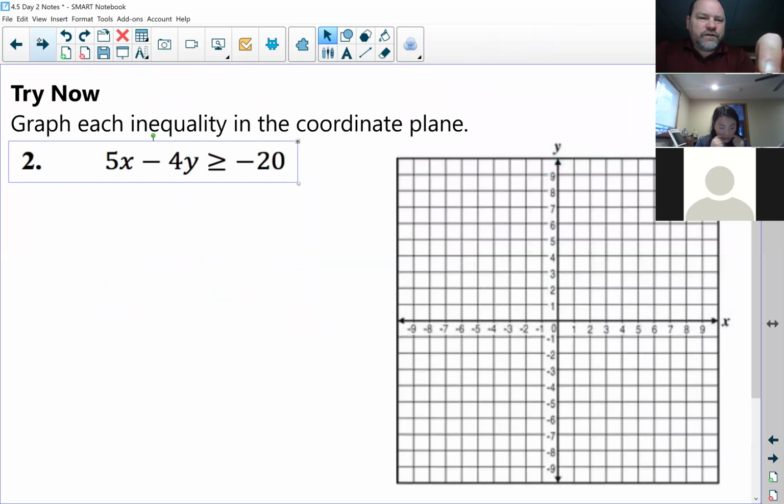All right, let's take a look at this one. Again, I want you to go ahead and tell me which method you used. And if you didn't use a method, then pretend you did. Which one would you use?